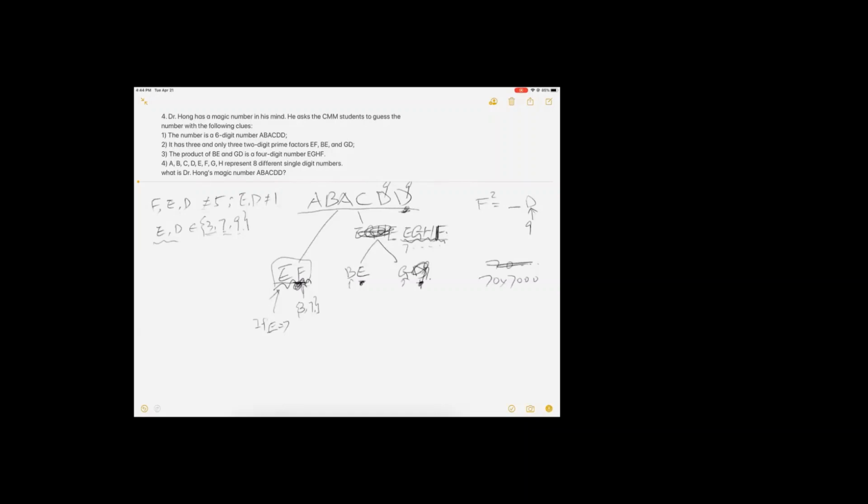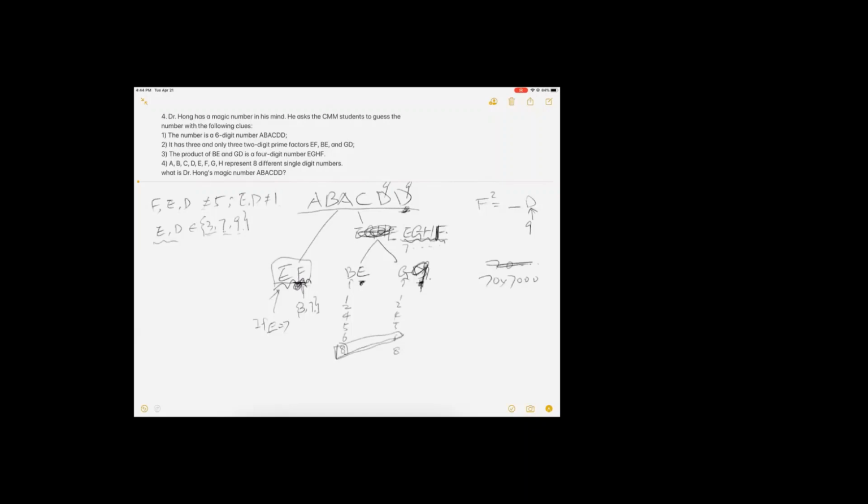Then I wrote down all of the numbers that B and G could be: 1, 2, 4, 5, 6, and 8. So the largest possible for B and G would be 8 and 6, since they cannot be the same.